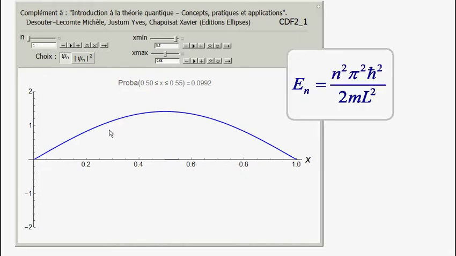The eigenvalues take this expression. They depend on the quantum number n, the mass of the particle, and the width of the trap.